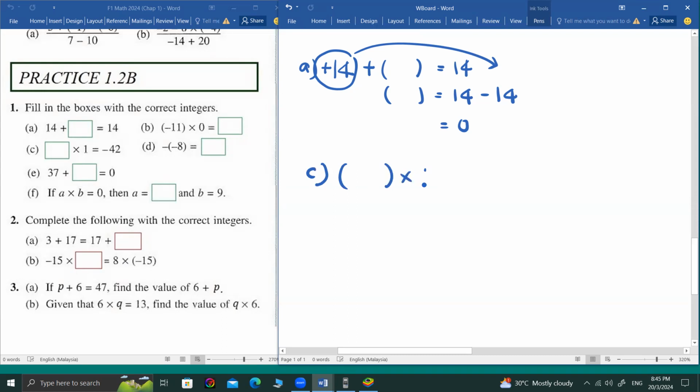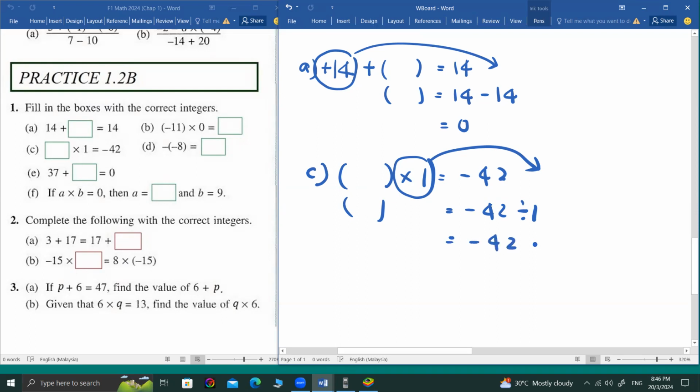What times 1 is negative 42? If you shift to the right, times becomes divide. Anything divided by 1 is back to itself. Got it? This one also no need to shift.